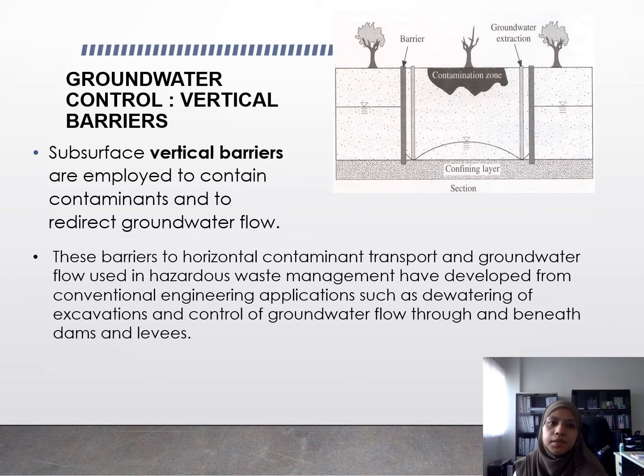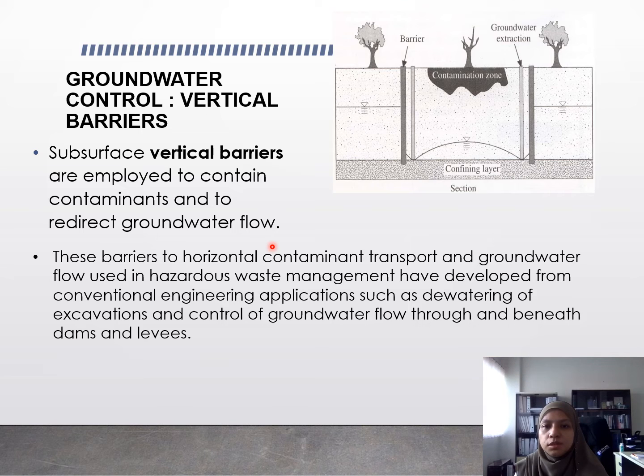This is an example of groundwater control. We call it the vertical barrier. So this is the contamination in this area, and we install the vertical barrier. Subsurface vertical barriers are employed to contain the contaminant and to redirect groundwater flow.